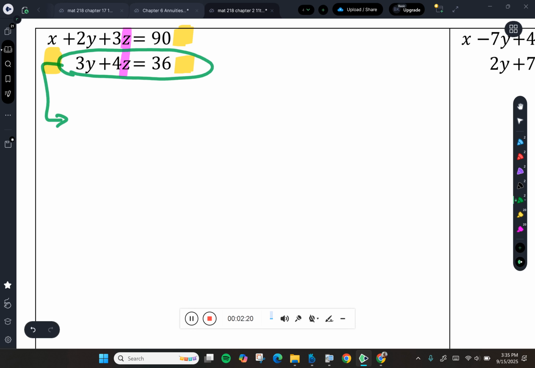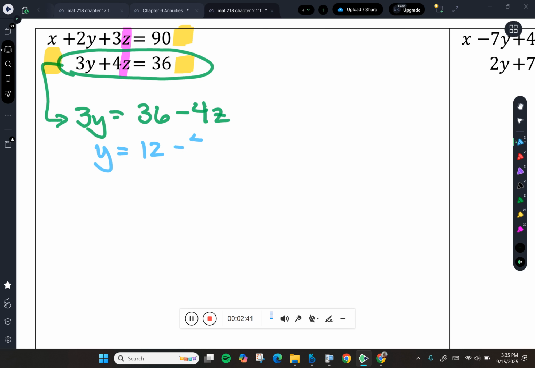If I take a look at that second equation, I could say that 3y is equal to 36 minus 4z, by simply subtracting the 4z to the right-hand side. I could then remove that coefficient 3 by dividing through by 3, and I would get that y is equal to 12 minus 4/3 z. And now I have y in terms of z.